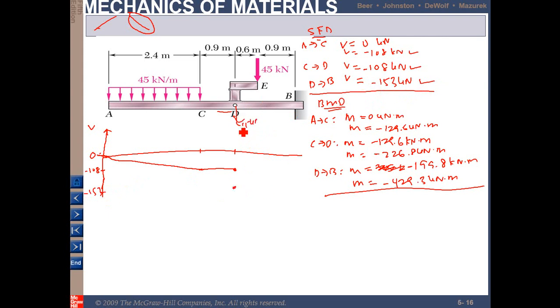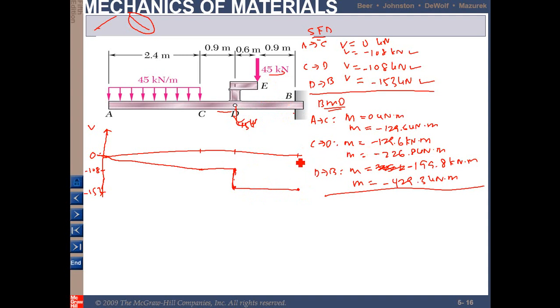When you give force here, 45 kilonewton from here, it will go down. Because from D to B there is no force acting, it will become a straight line for the shear force.